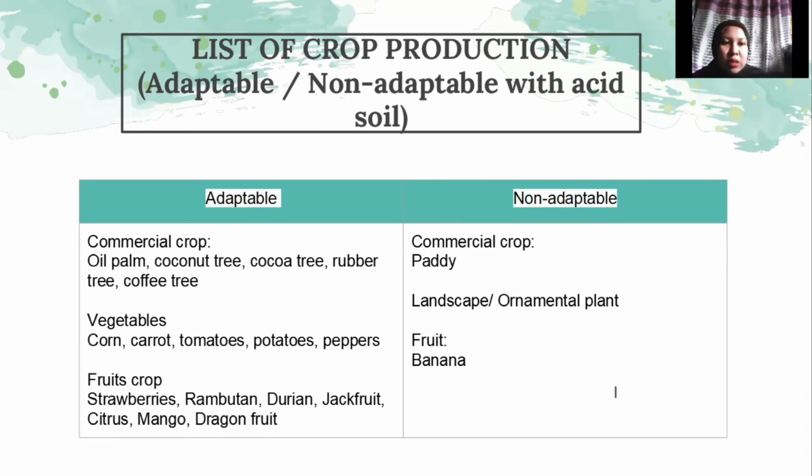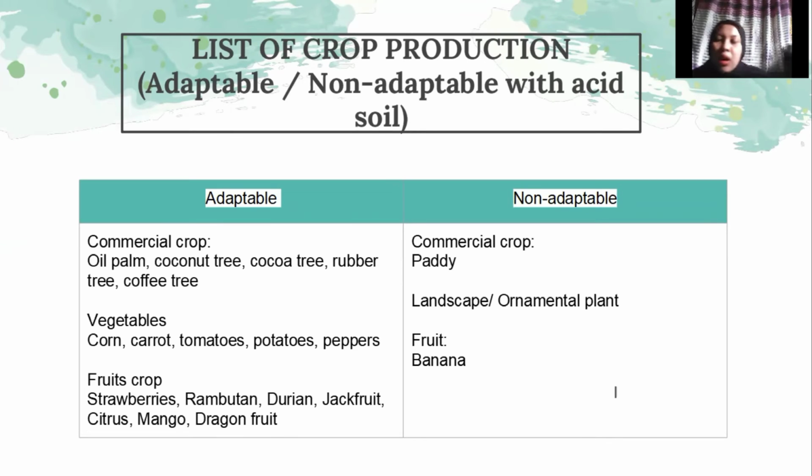For commercial crops, we have oil palm, coconut tree, cocoa tree, rubber tree, and coffee tree. For vegetables, we have corn, carrot, tomatoes, potatoes, and peppers. For fruit crops, we have strawberries, rambutan, durian, jackfruit, citrus, mango, and dragon fruit.